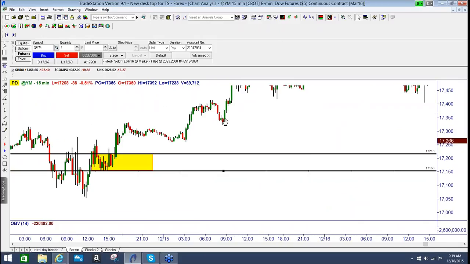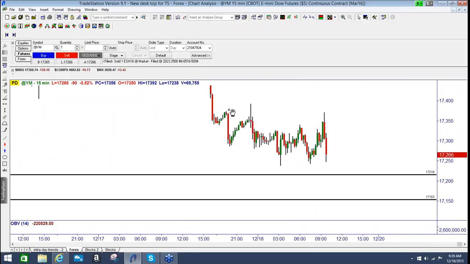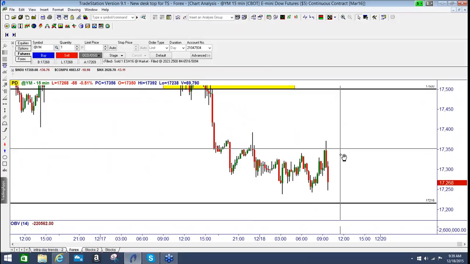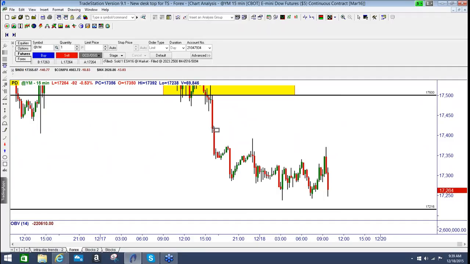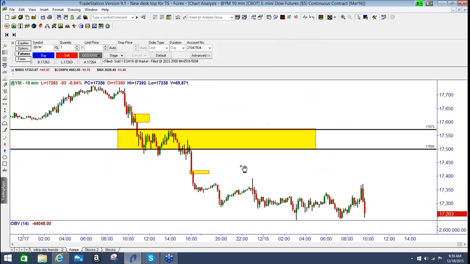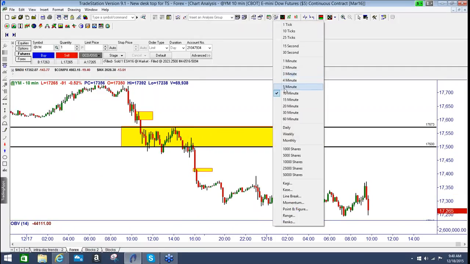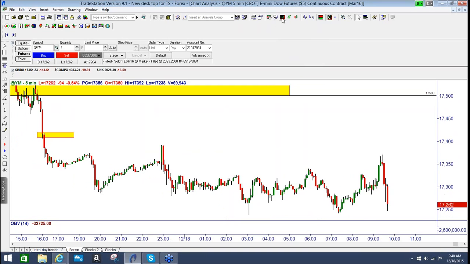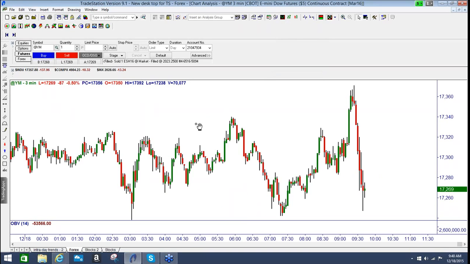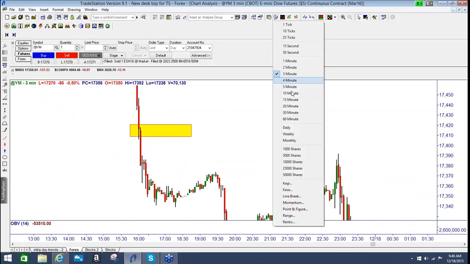No, that just looks like a mess on the 15. Didn't resolve into anything. Look at that.